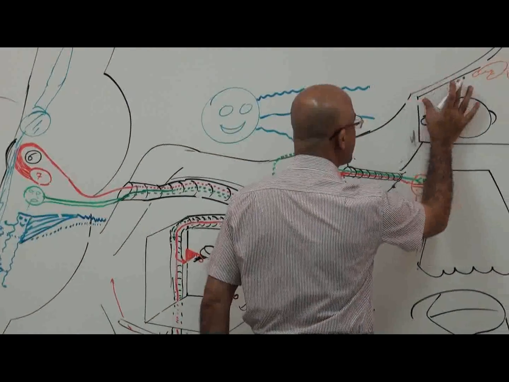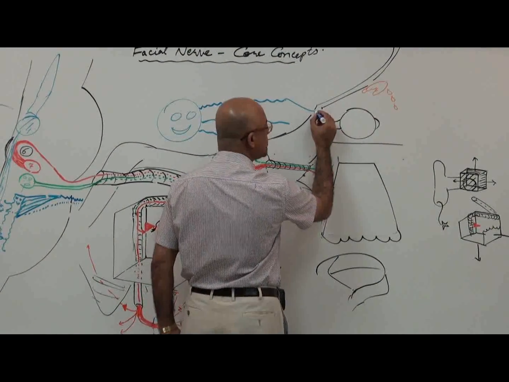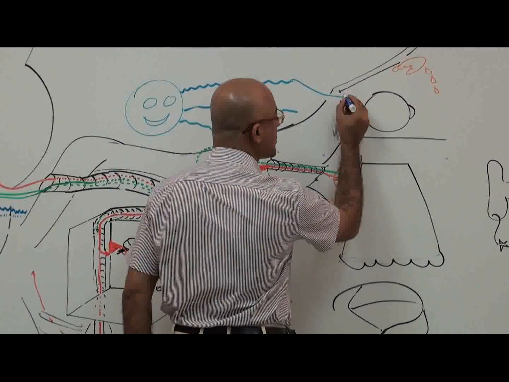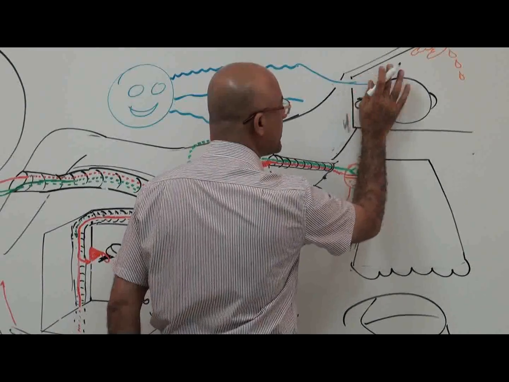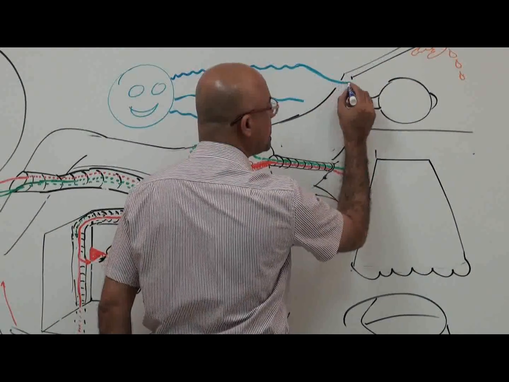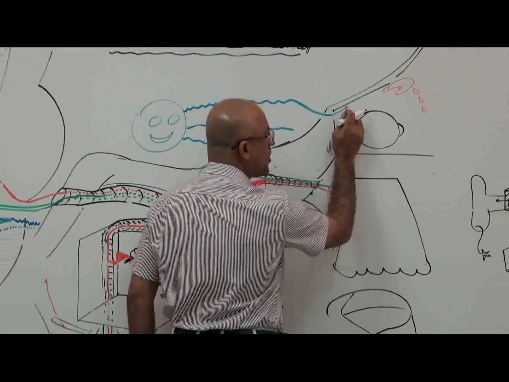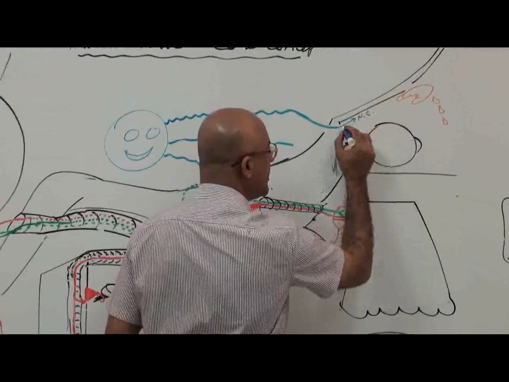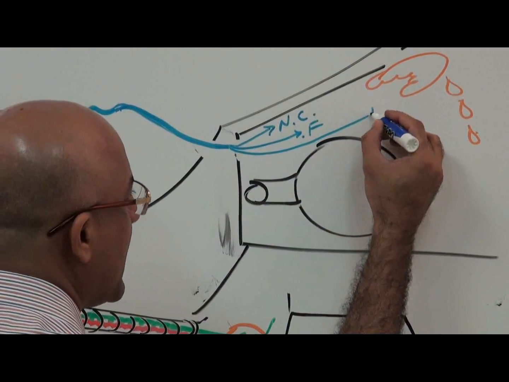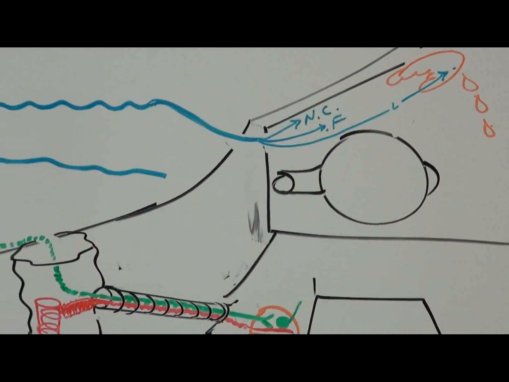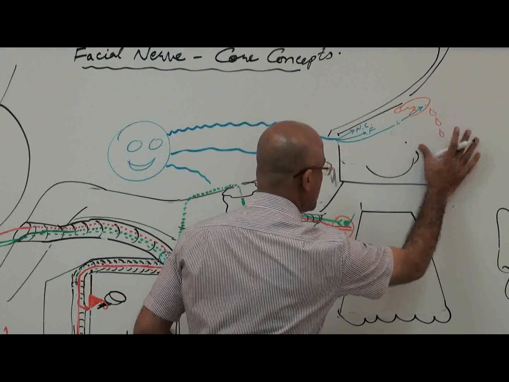The ophthalmic division fibers enter through the superior orbital fissure and divide into three branches: one is nasociliary, another is frontal, and another is lacrimal. This lacrimal branch comes here to the lacrimal gland. I remove this; you know that it's there.